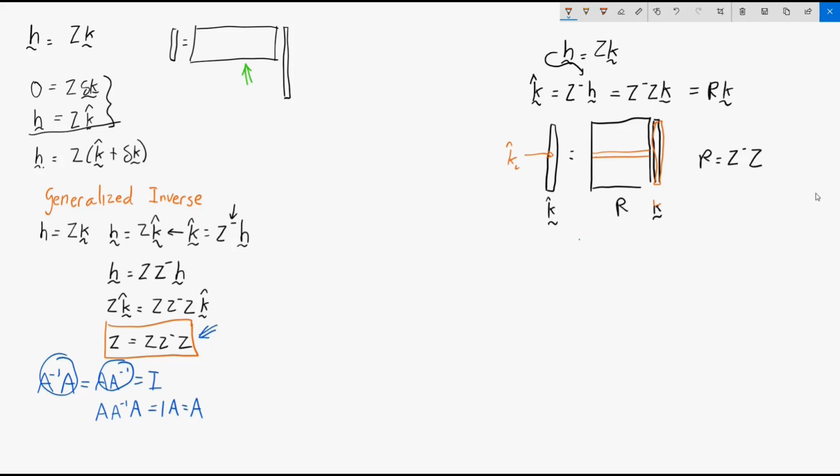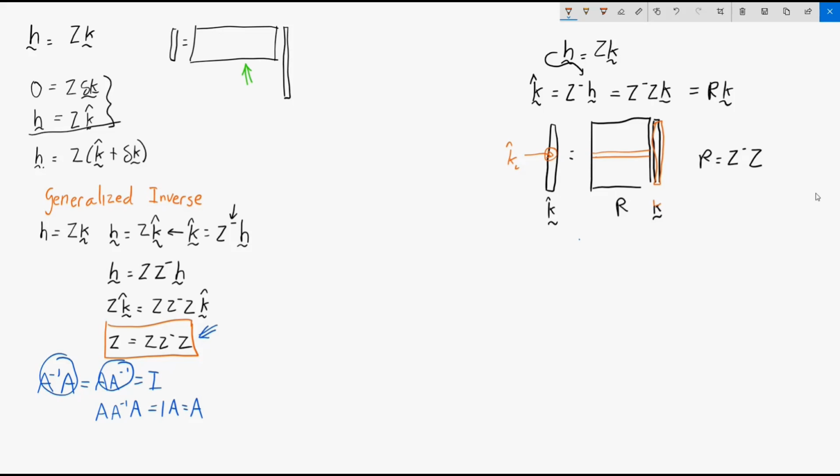So the ith element of k hat is obtained through going along the row, down the column, and then this ith row of R, in carrying out that linear operation, can be viewed as obtaining a weighted average of the elements of k to calculate k hat.